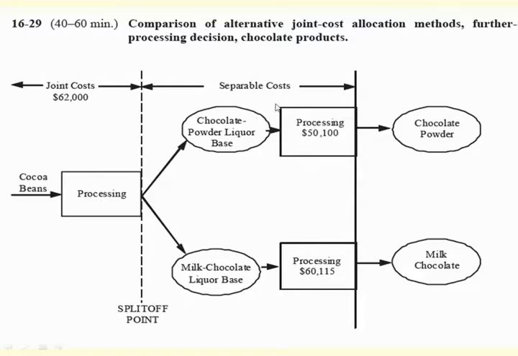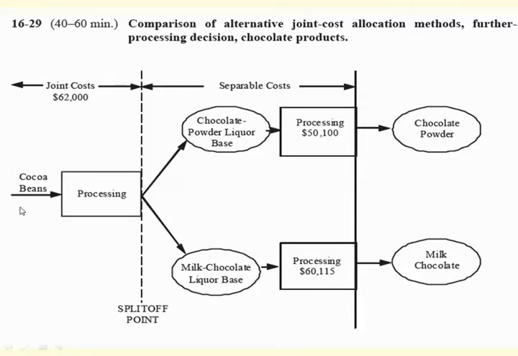After further processing, the first intermediate product, chocolate powder liquor base, is further processed into chocolate powder, and the second intermediate product, milk chocolate liquor base, is further processed into milk chocolate.